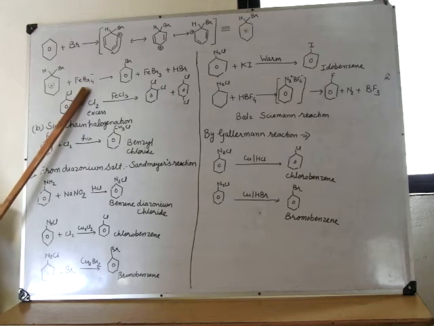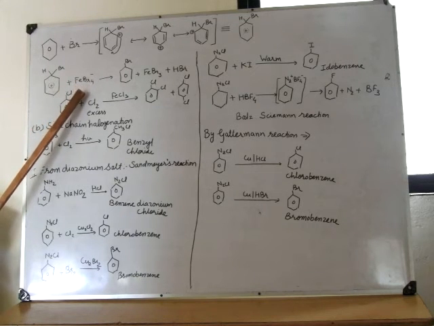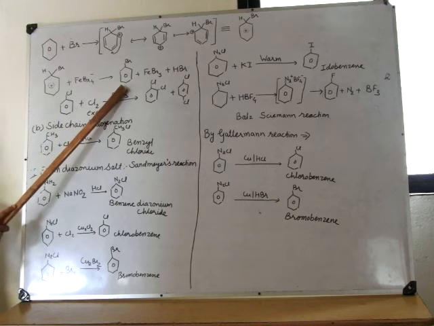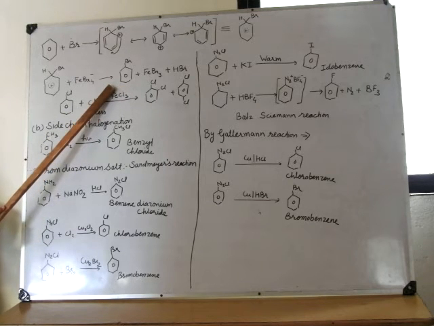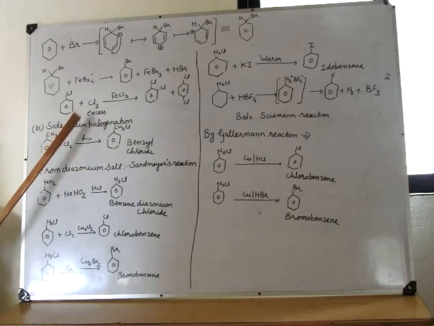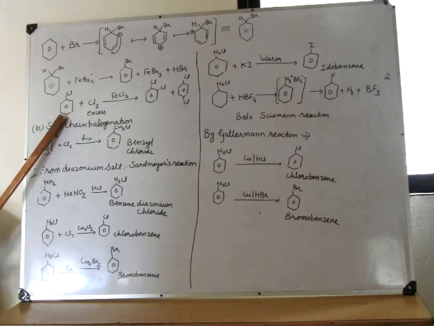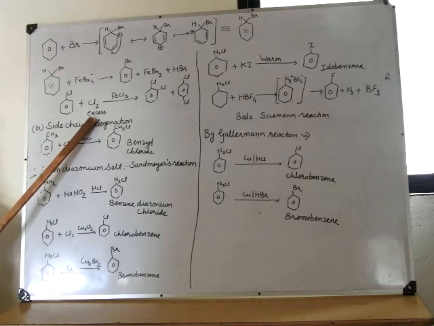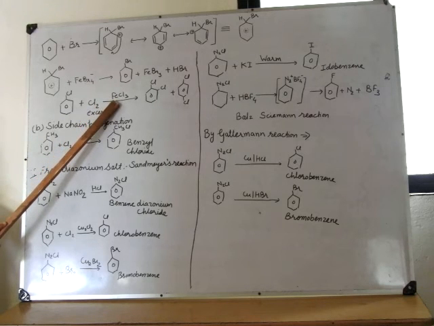FeBr4 acts as a catalyst. It does not take part in the chemical reaction but influences it. It gives bromobenzene, FeBr3 plus HBr.